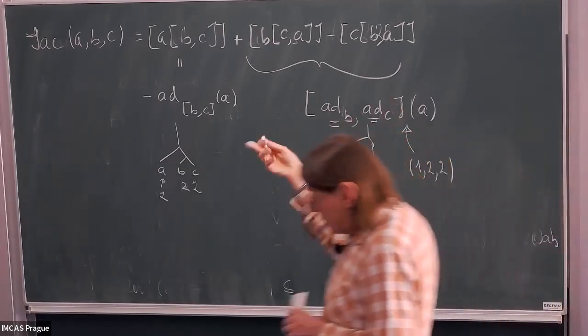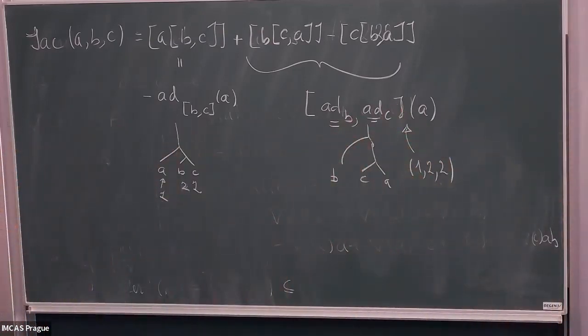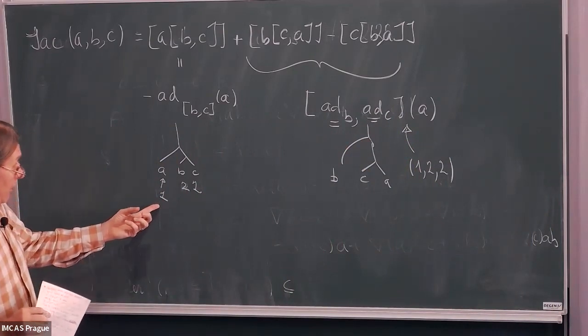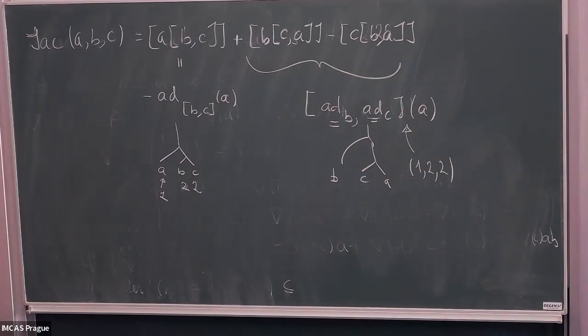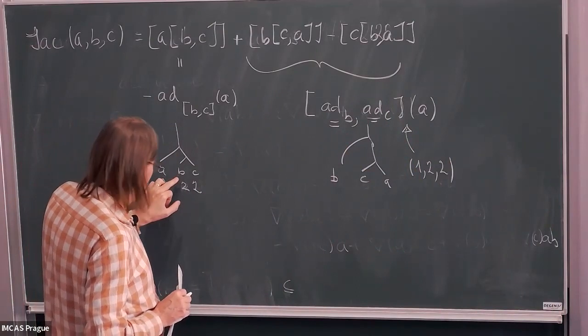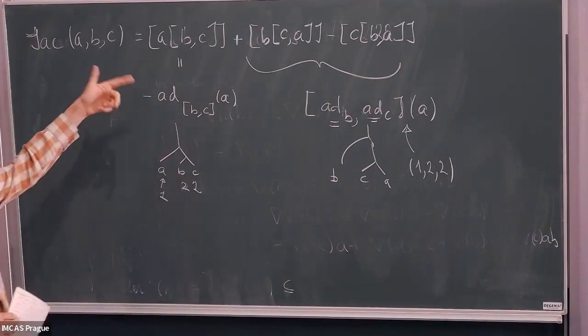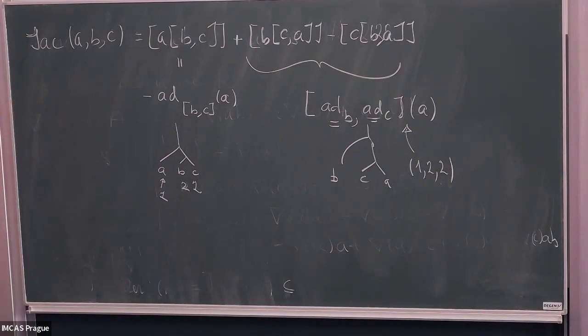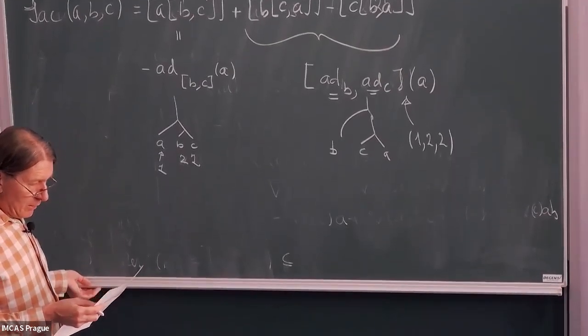But anyway, since it is cyclically symmetric, if it is a differential operator of order 1 in A, it is a differential operator of order 1 in any of its variables. So for instance, if I wish to start from the beginning and prove that it is a differential operator of degree 1 in B, I would need to use a different decomposition. So there is something non-trivial going on, and I believe that this is the most interesting point of my talk. So, as usual, trivial things are most interesting.